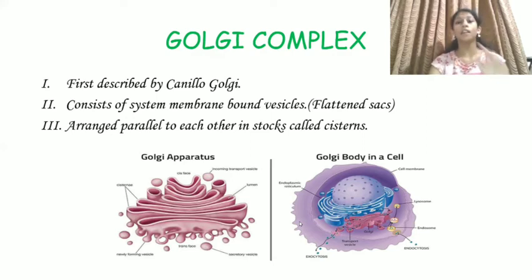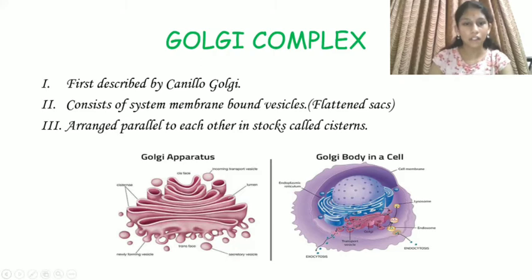Now we are going to study the Golgi complex, also known as the Golgi apparatus. It was first described by Camillo Golgi, so the name Golgi was given by Camillo Golgi. It consists of a system of membrane-bound vesicles, which are flattened sacs.